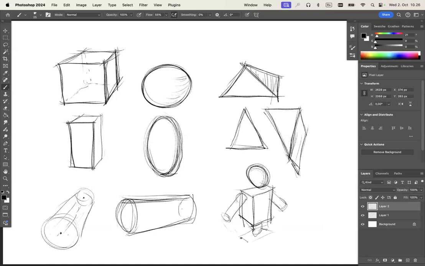So you start to see that the importance of drawing simple shapes in perspective is that you can simplify organic shapes using these geometric shapes. That's one use you can have for these.